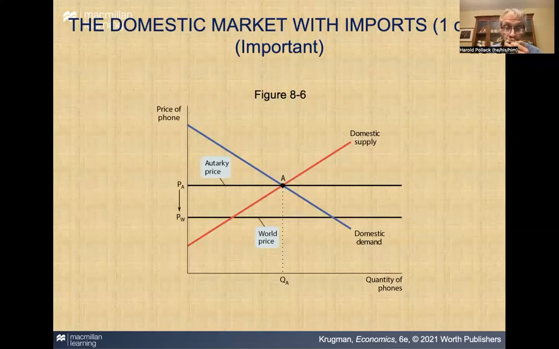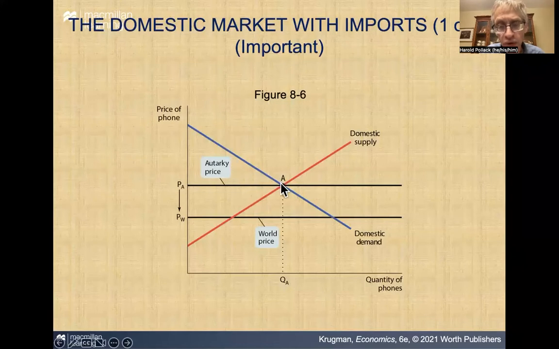Obvious winner, domestic consumers. Why? Because the price is going from here down to here. If you're importing cars and all of a sudden cars are a lot cheaper, domestic consumers are going to benefit and they're going to get a lot more consumer surplus.